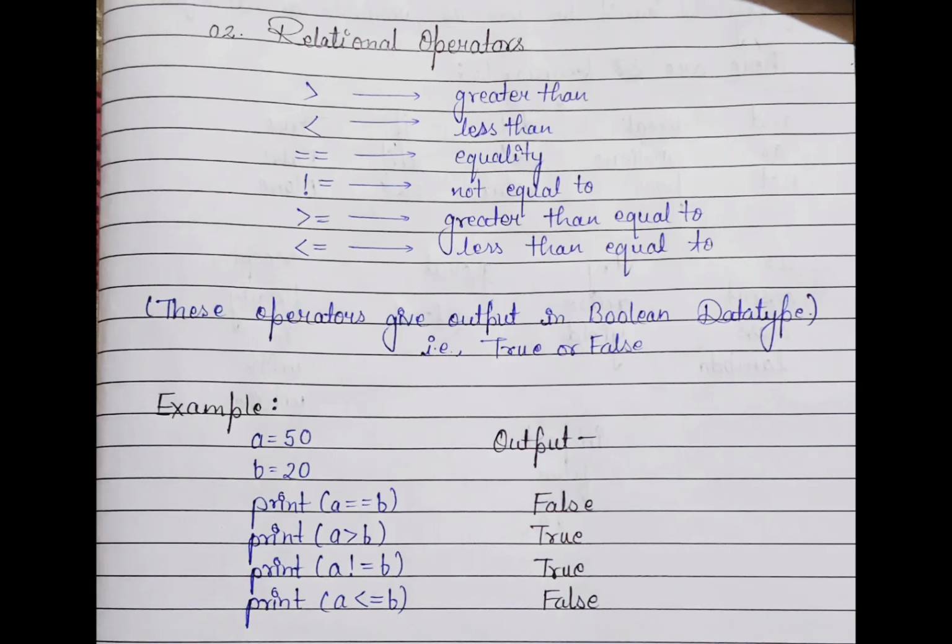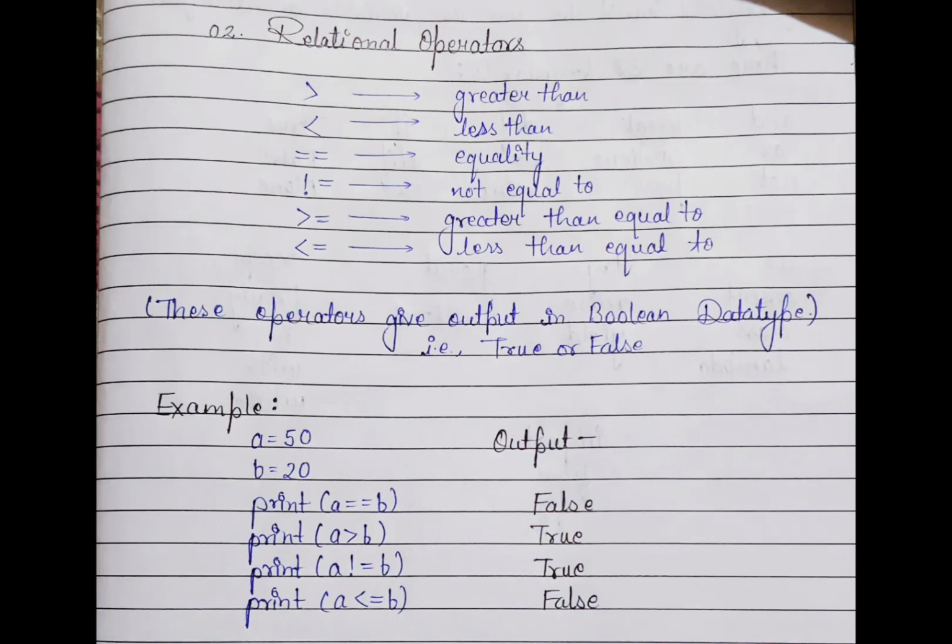So here a is equals to b. It is showing the equality that a is equals to b. So we have to check whether it is true or not. So a is 50 and b is 20, which is absolutely wrong. A is not equals to b, that is 50 is not equals to 20. So the output of this line will be false.